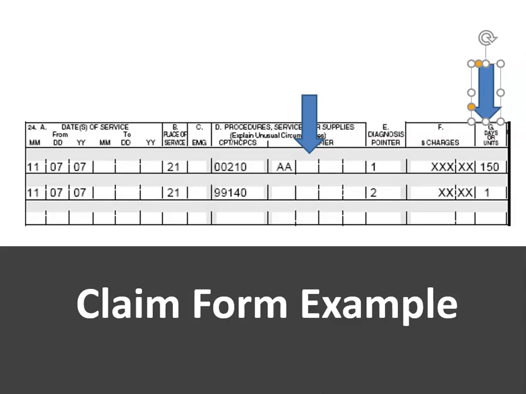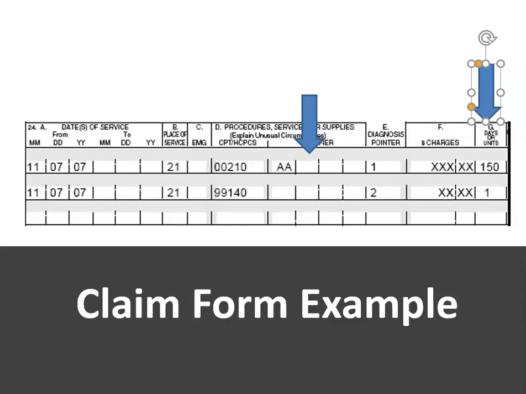And then I also want you to note that this patient does have a qualifying circumstance code of 99140, which is that anesthesia complicated by emergency condition add-on code. And so again, notice it's on its own line on the claim form, so that it does not function like a modifier. It's actually a reimbursable code.